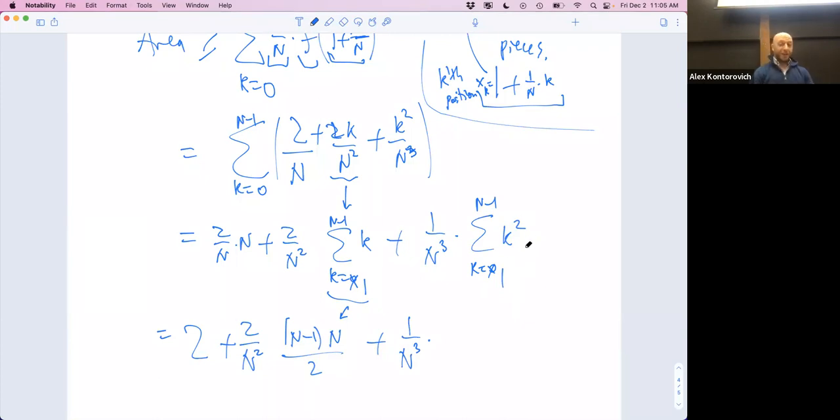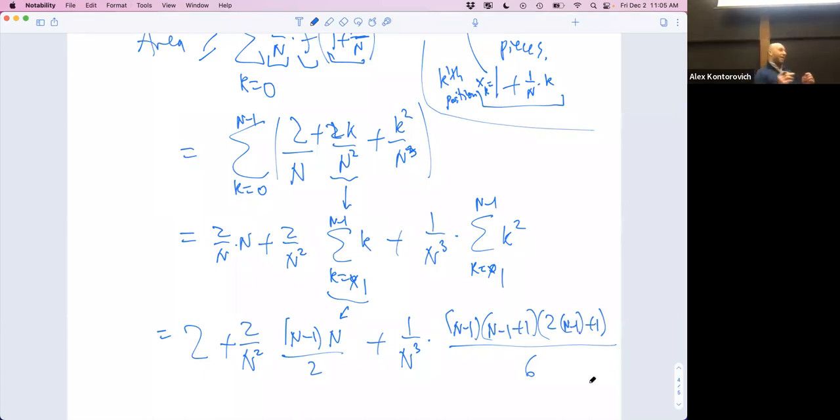And the sum of k squared, Peter, can I pick on you again if you don't mind? This n times n plus 1 times 2n plus 1 over 6. See, you got it. But what is n? It's not n anymore. We only go up to n minus 1. So we go up to n minus 1, and then n minus 1 plus 1, and then 2 n minus 1 plus 1 over 6.